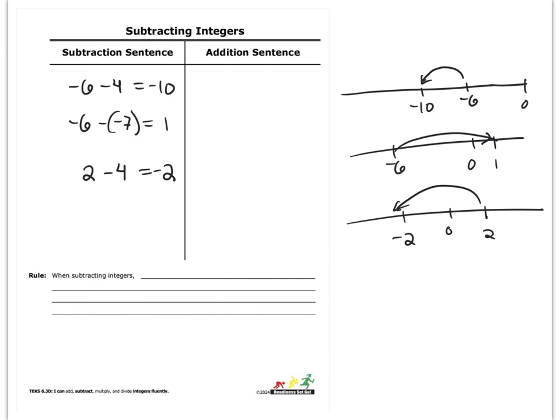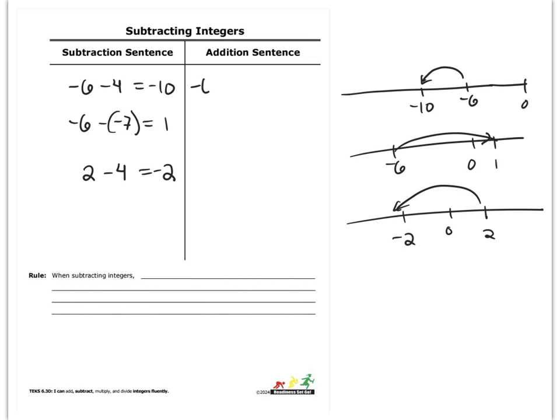Okay, so we could also use addition to represent a very similar equation, right? In fact, this number line I've drawn here, we represented it with subtraction, but we could use addition to show the same thing that's going on here, to get from -6 to -10. So one way to get from -6 to -10 is to subtract 4, right? If you subtract a +4, you go 4 to the left.